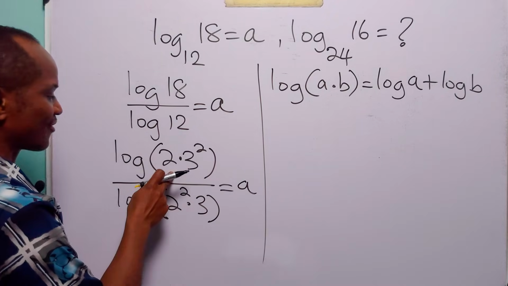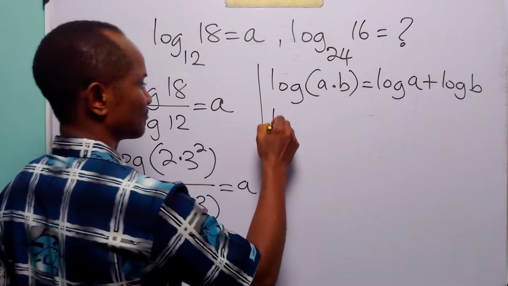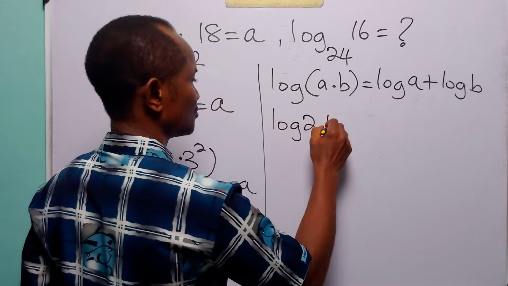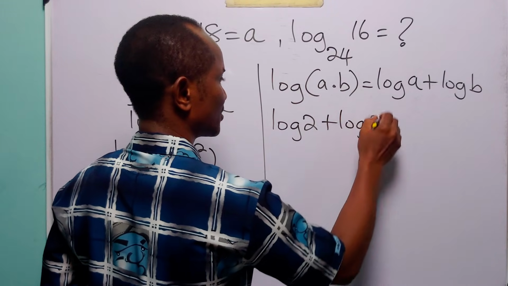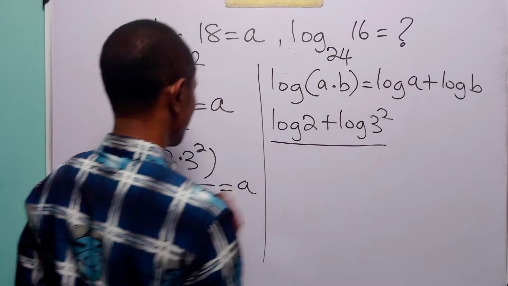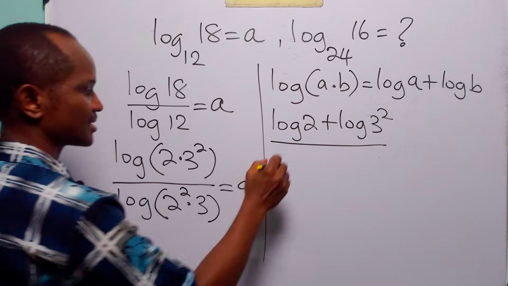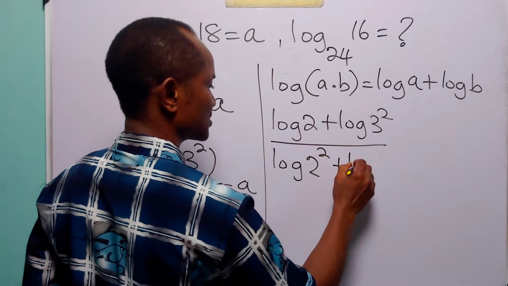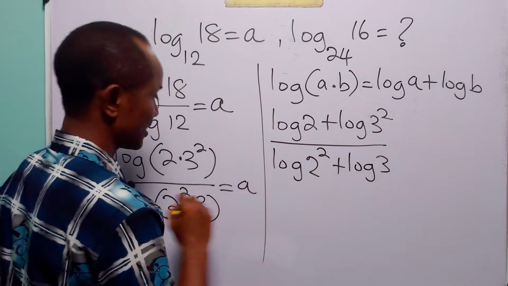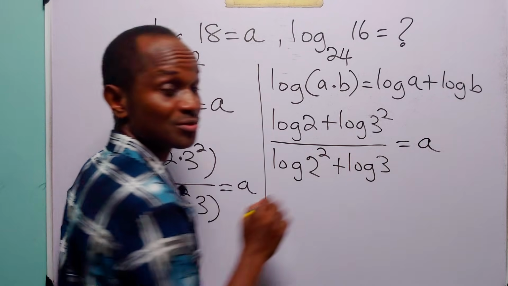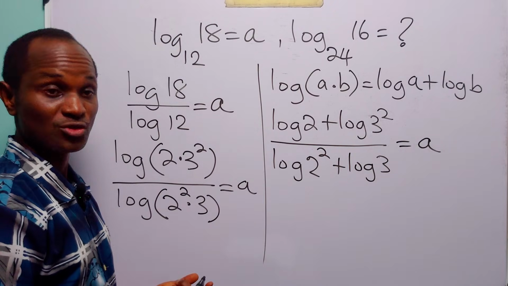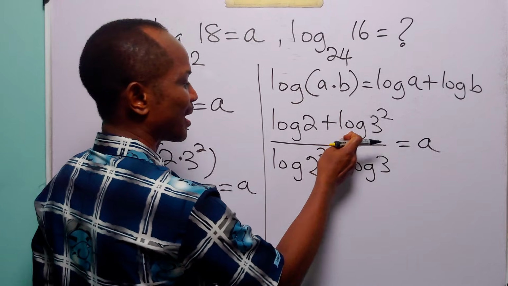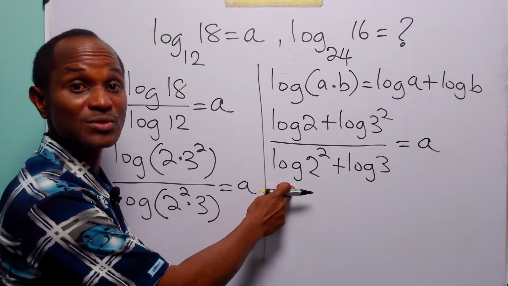So that means we can write this numerator as log 2 plus log 3 squared, and we can write this denominator as log 2 squared plus log 3. And of course, this is still equal to A. Now, what we are going to do next is apply the power rule of logarithms to these two terms.